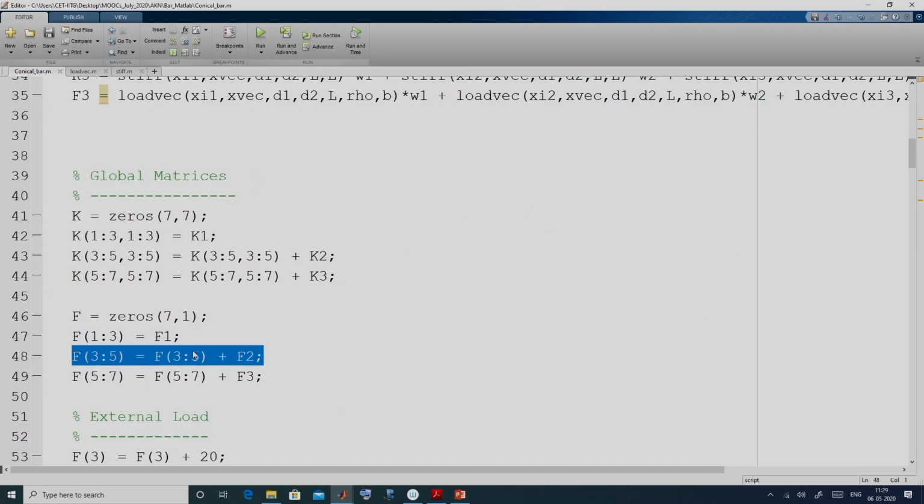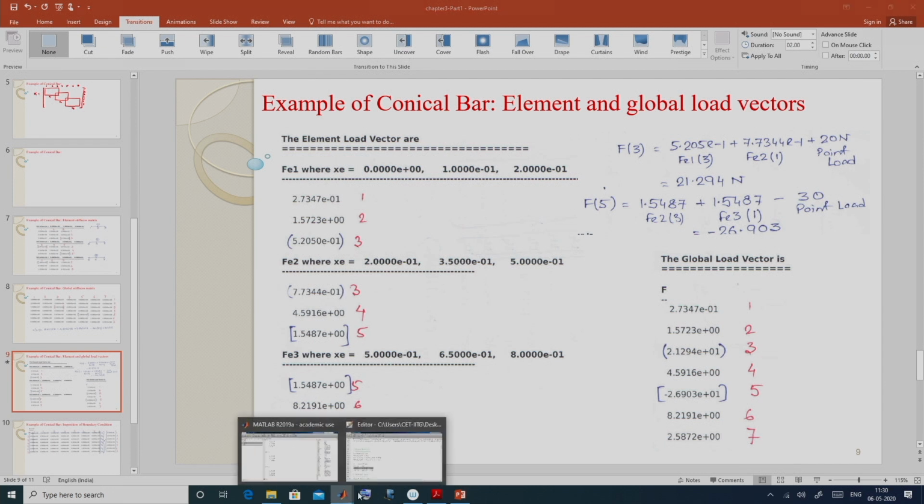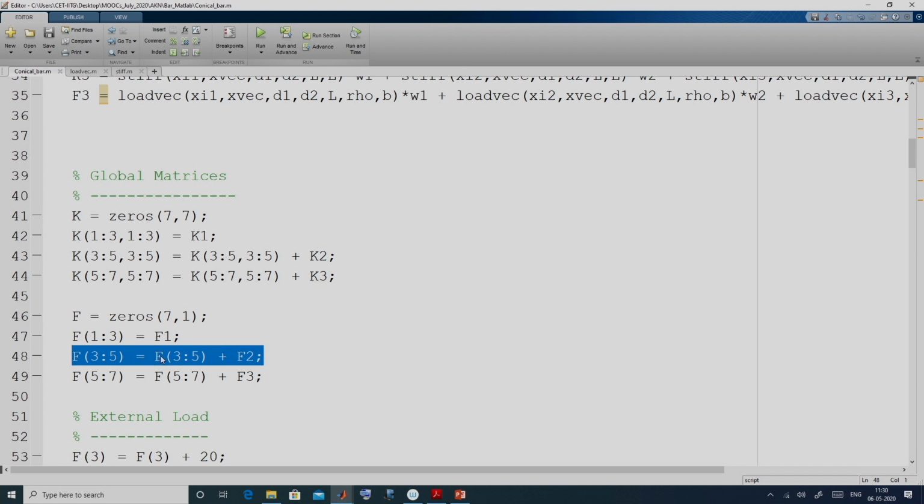So, we add to the existing 3 to 5. We cannot directly assign, because there is already a non-zero entry at F3; we have to add to the existing global F. Similarly, F3 is added in the global positions 5 to 7. So, this is the assembly of the first part of the load vector.